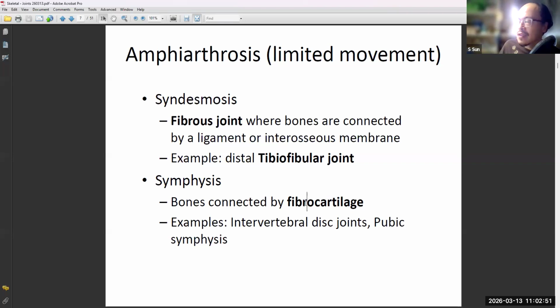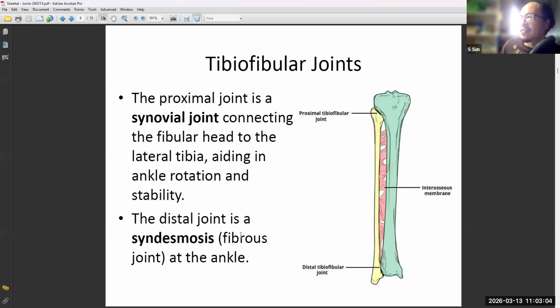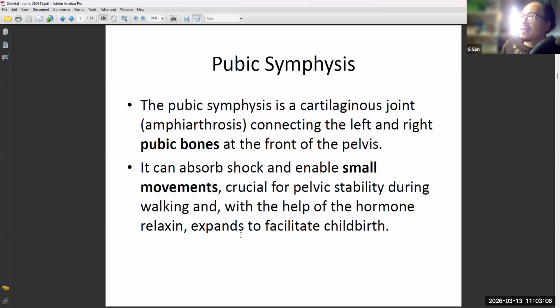We have two examples. One is the intervertebral joint in our spine. The other one is the pubic symphysis. So let's take a look. We talked about this one already. The pubic symphysis is the joint between the left and right pubic bones, joined together in the front.